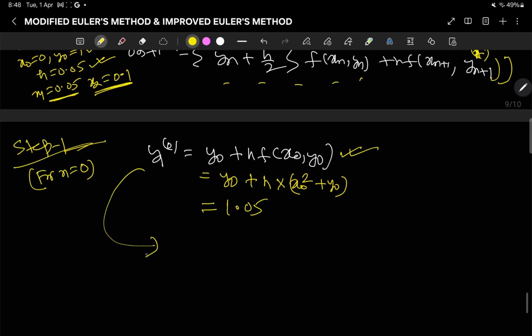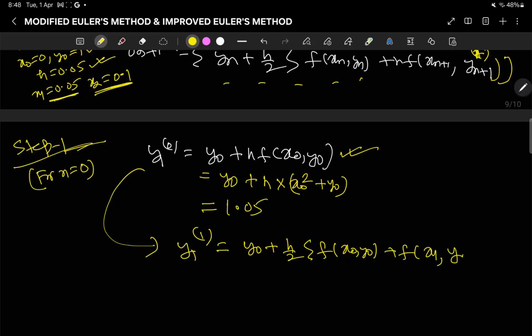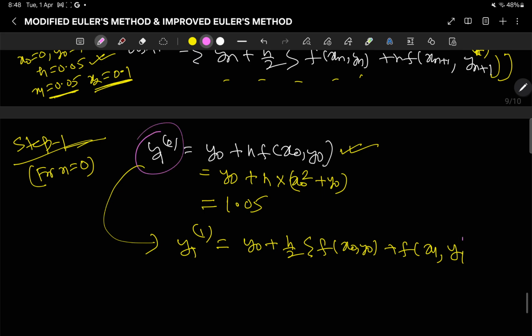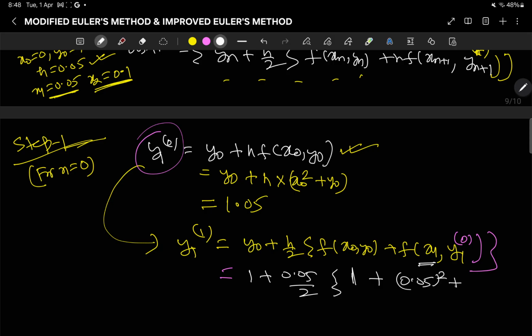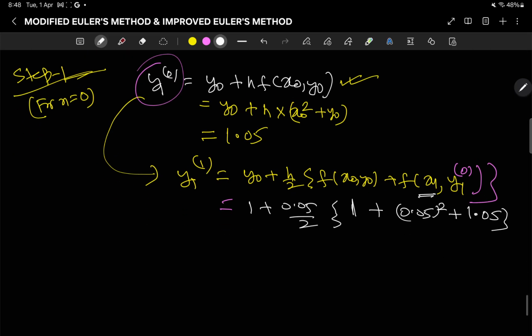Now I improve it: y1 at the first iteration will be y0 plus h by 2 of f(x0, y0) plus f(x1, y1), where I take y1 as 0th. Simplifying, 1 plus 0.05 by 2, 1 plus x1 squared, 0.05 squared, plus 1.05, and I am getting 1.0513.